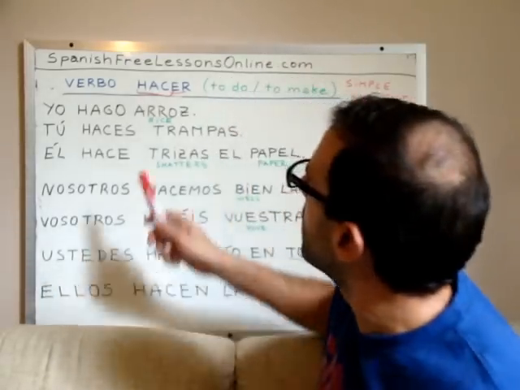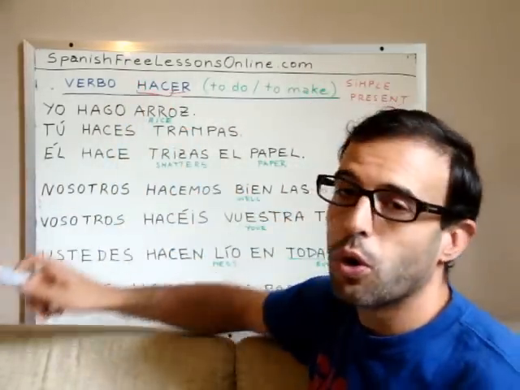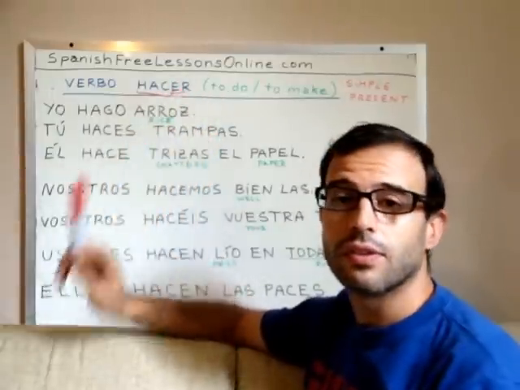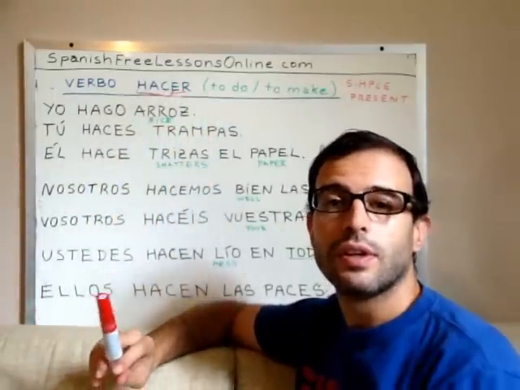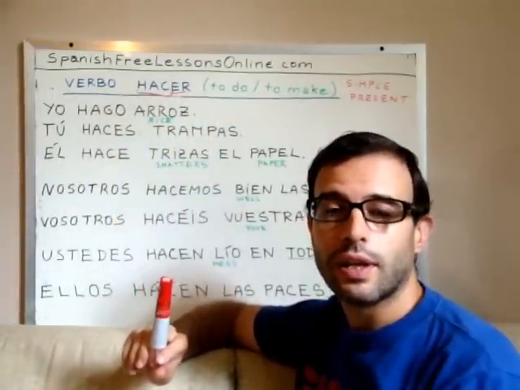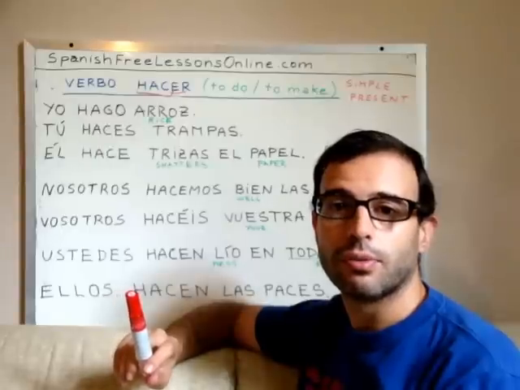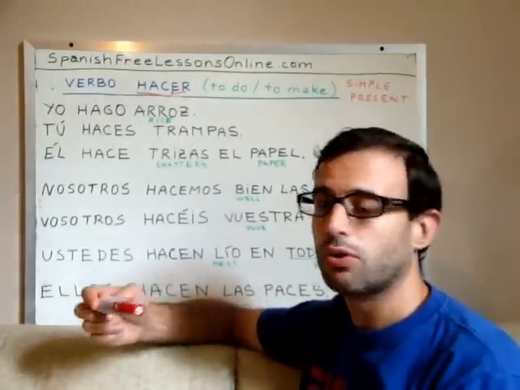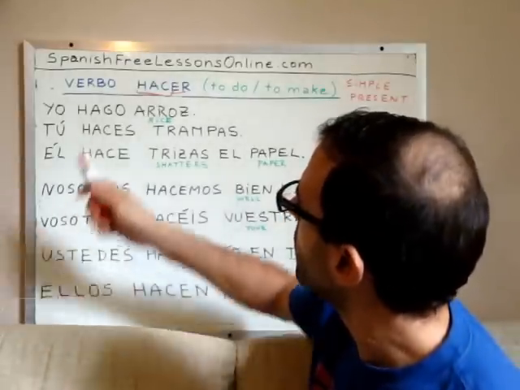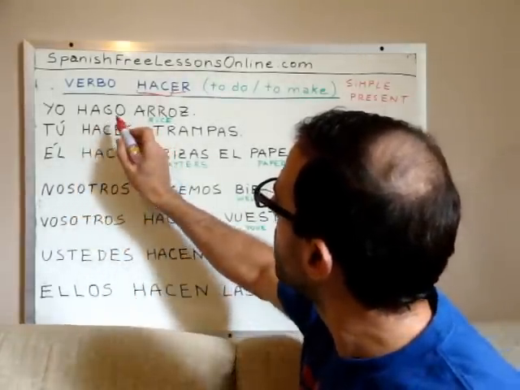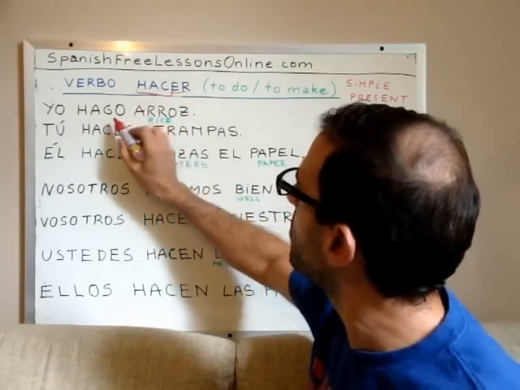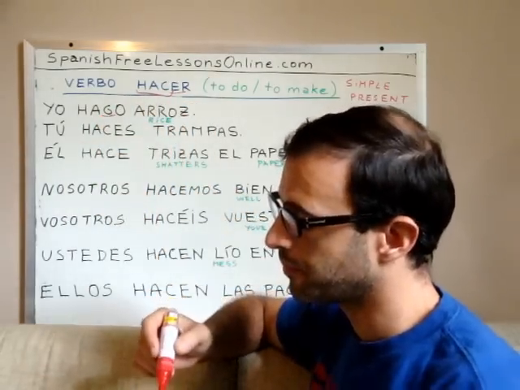So verb hacer is almost regular, we've seen, for the present tense. The only irregularity is in one single letter in the first person, right? For I, yo hago. This is the only irregularity, right? We change the C from the root of the verb for this G here.